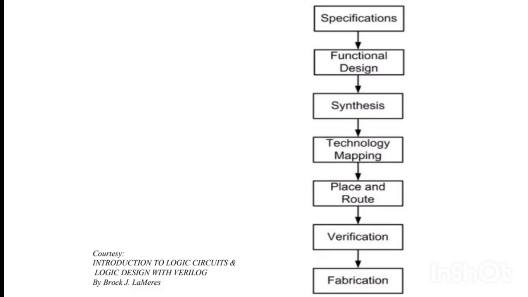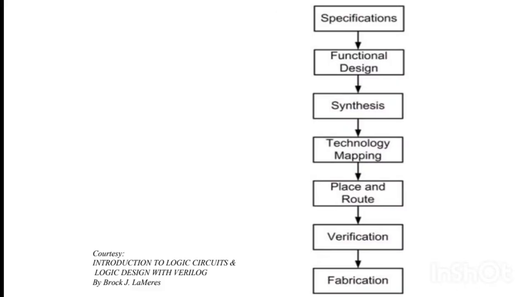The second step is the functional design, and in that one should describe the high level architecture of the design. For example, block diagrams for input or output, then subsystems, and generic behavior such as truth tables, state diagrams, and algorithms.